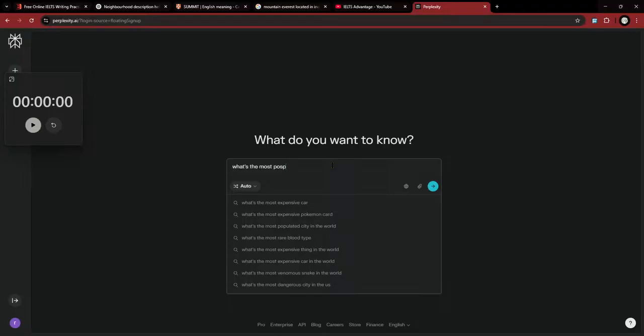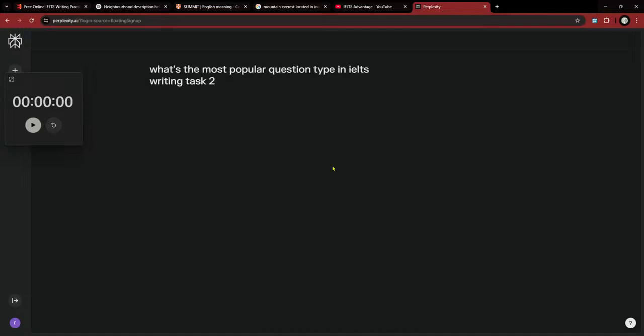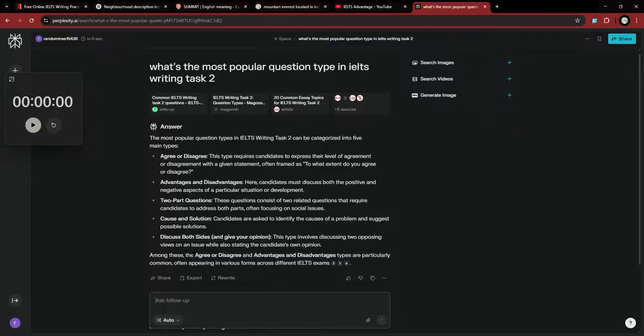It's the most popular. Among them, agree and disagree, and advantage and disadvantage types are particularly common, appearing in various tests in Cambridge 15 to 19.